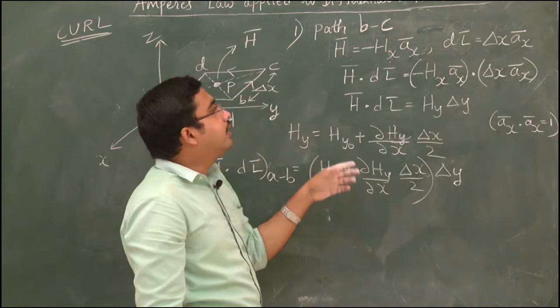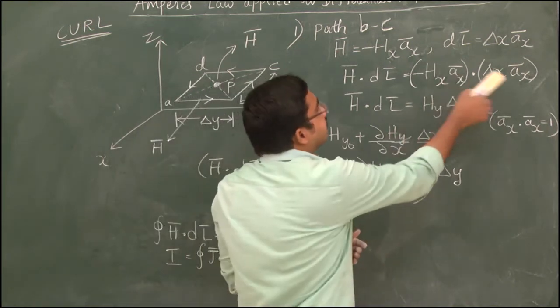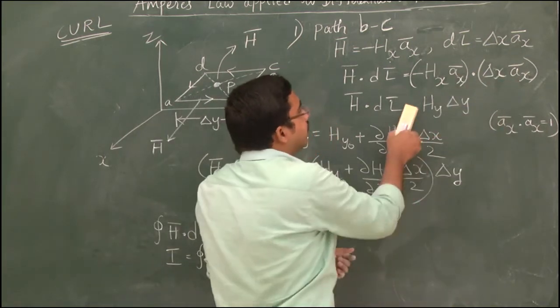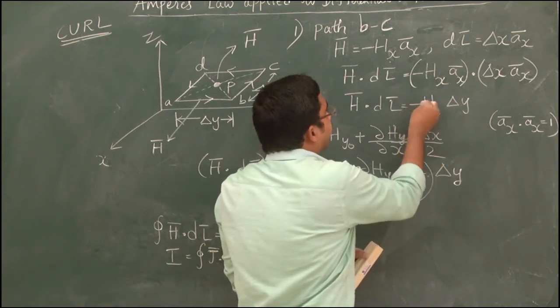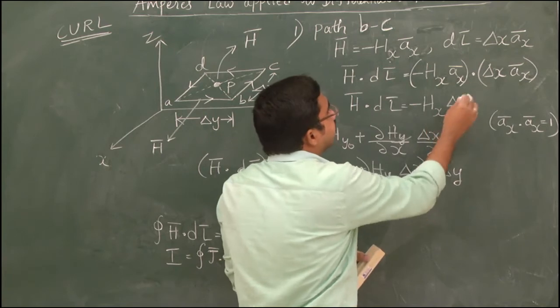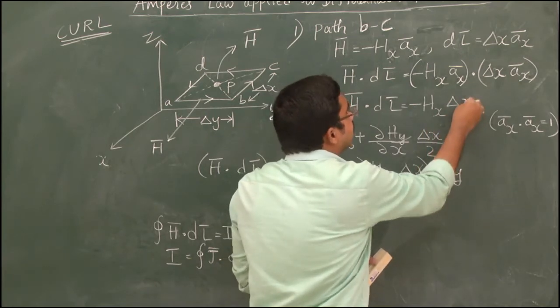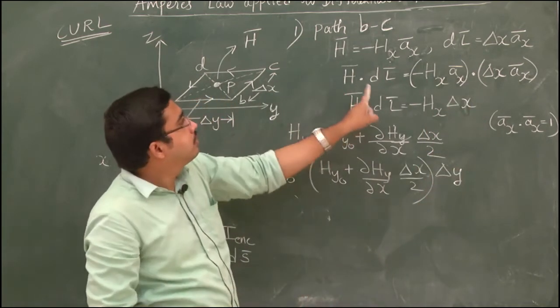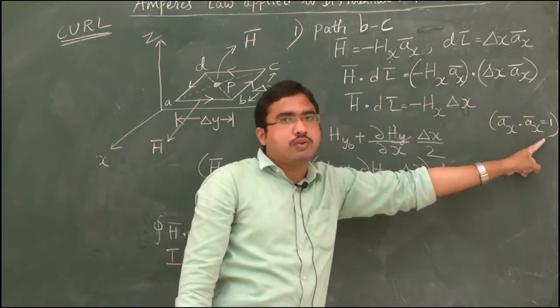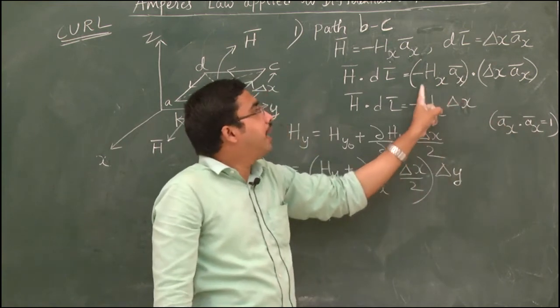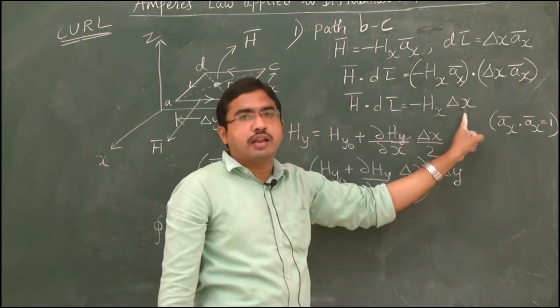So finally what you will get? Ax bar dot Ax bar is equal to 1, so minus Hx into delta X. So finally what is left out? If you find the dot product for this, Ax bar dot Ax bar is equal to 1, and minus Hx into delta X is left out.